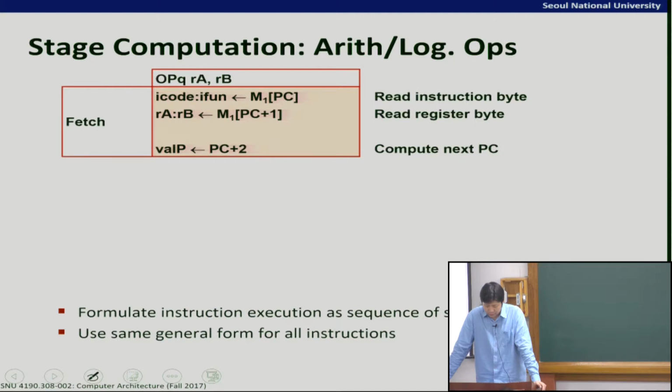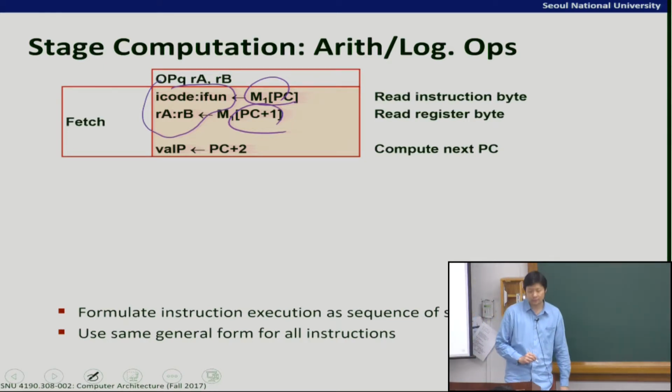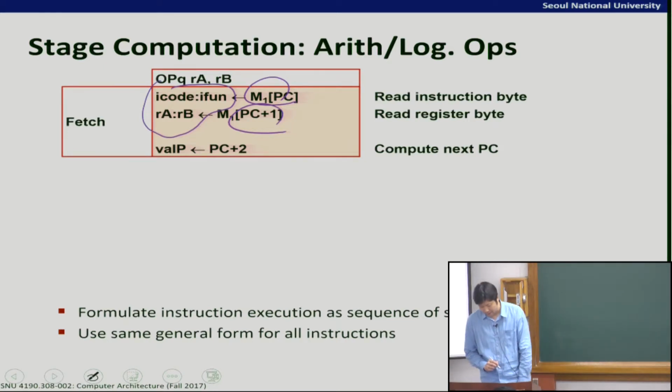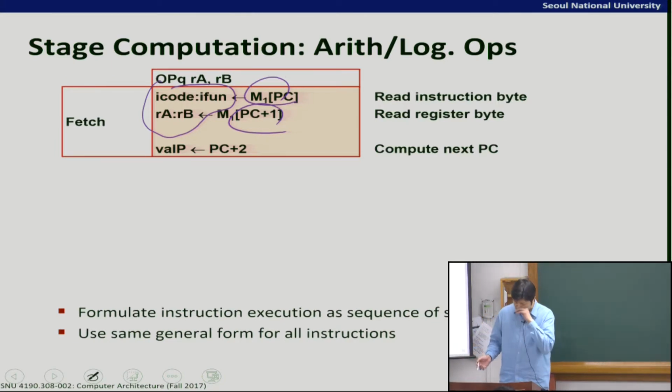You also read the next byte, and divide that byte into 2 pieces, RA and RB. By reading these 2 bytes, you can set the value of these 4 fields: IFUN, ICode, RA, and RB. You also compute the next PC here. Let's say valP is the next PC, which is PC plus 2.